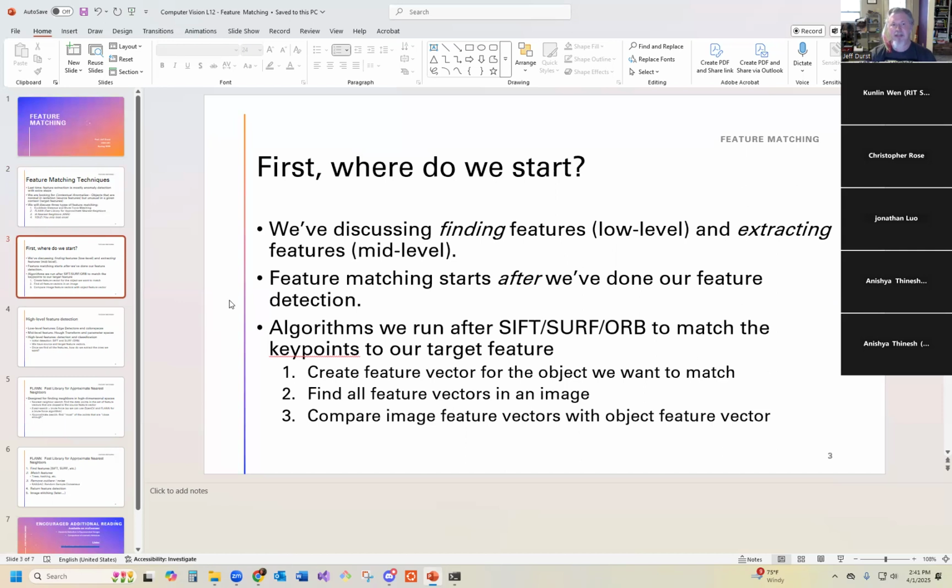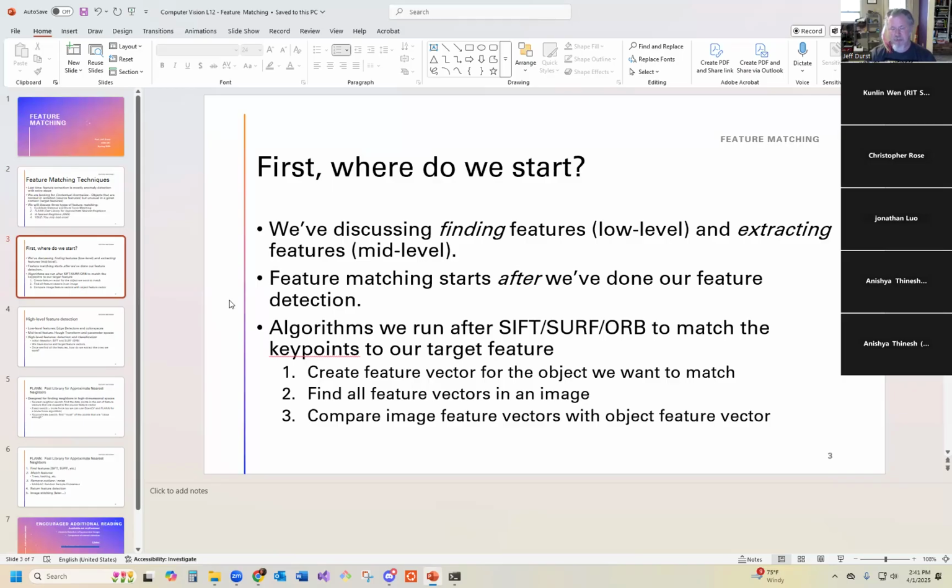Feature matching, object detection and classification isn't a different kind of algorithm like SIFT or SURF. People can get tripped up by that, where SIFT and SURF are pulling out features.